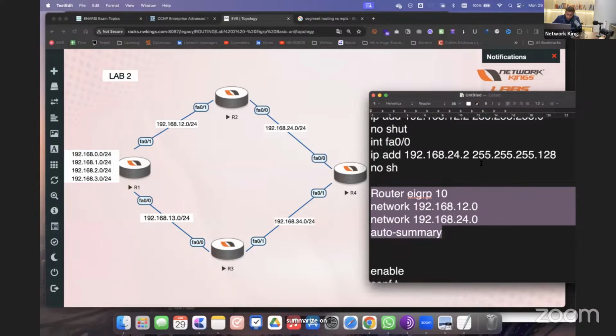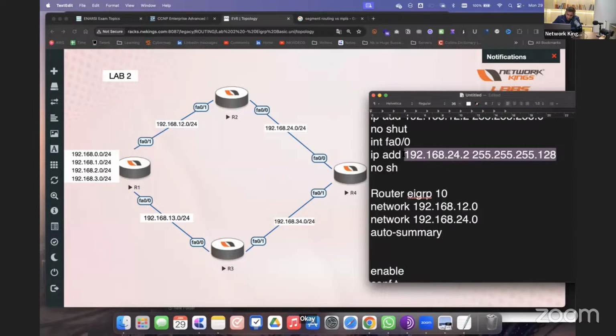If it is slash 25, it will automatically treat this by default as Class C, and the Class C default subnet mask is 24. So if you have slash 25 and auto-summary is on, the slash 25 will, as an auto-summary, go as what?